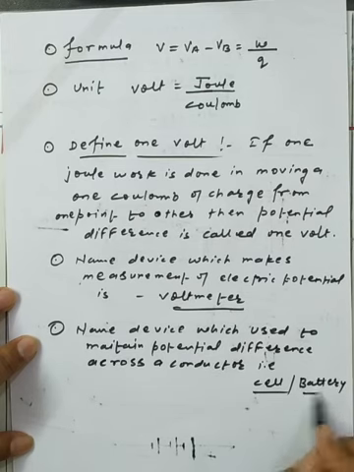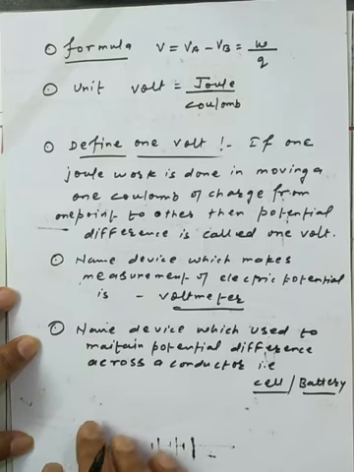And what is the basic difference between the cell and the battery? A battery comprises many cells, and a cell itself is a single unit which may produce electrical energy.